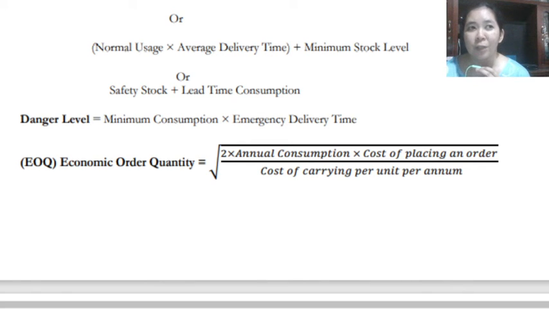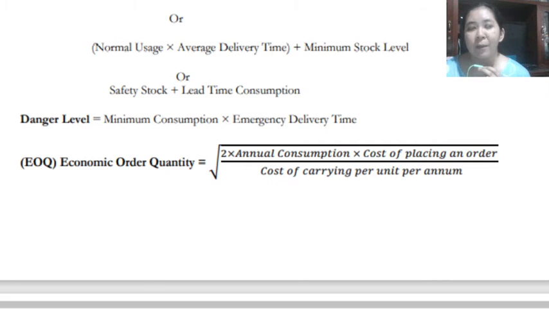I mean shipping cost. The other term for this is carrying cost. Another is storage cost. So storage cost will be the cost for placing the inventory in the warehouse if you are renting it.